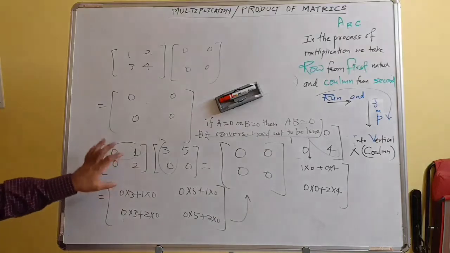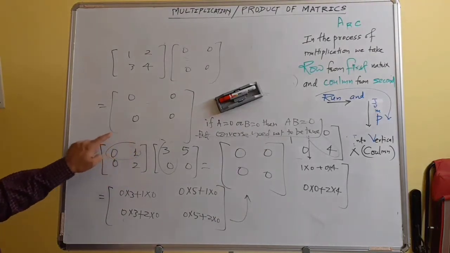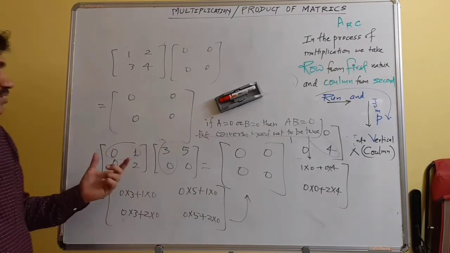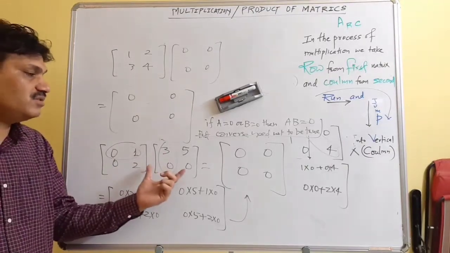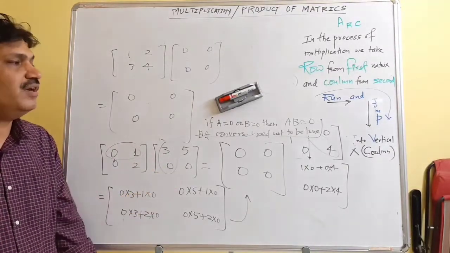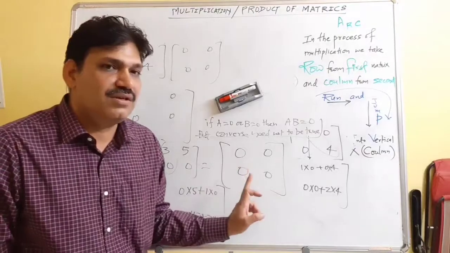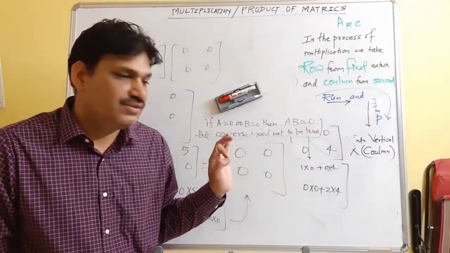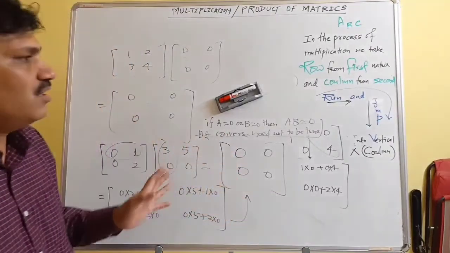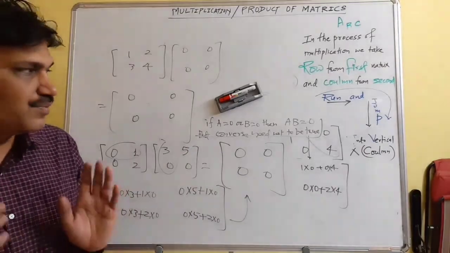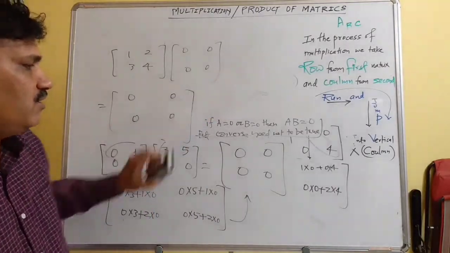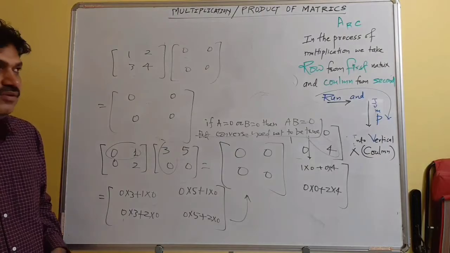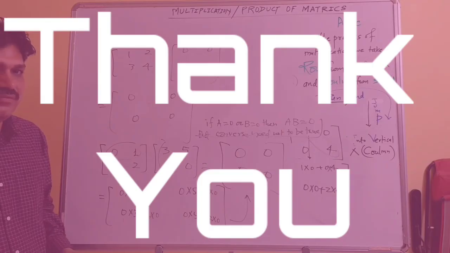Here you can see this is not a 0 matrix, because in a 0 matrix all the elements must be 0. This is not a 0 matrix, this is not a 0 matrix, but we have got the product as a 0 matrix. So this is how we find the product of two matrices. I hope you will be able to do the product of two matrices.